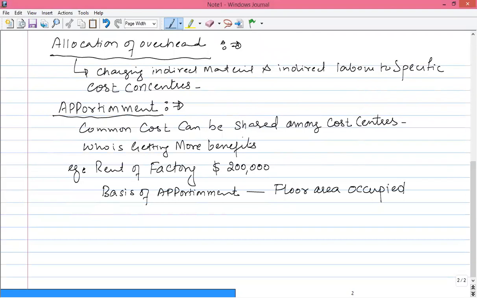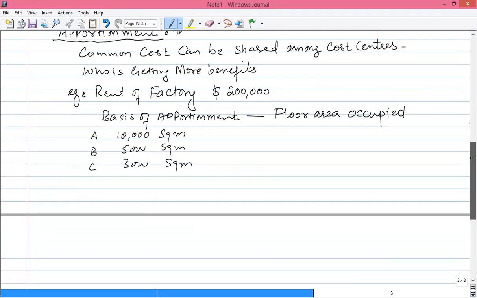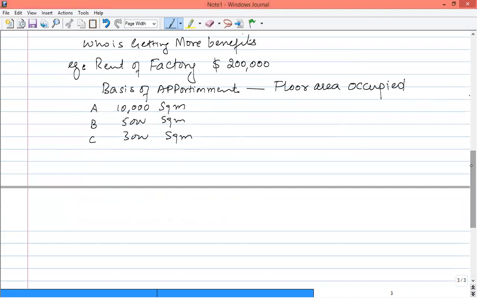Assuming the floor areas occupied by the cost centers are 10,000 square meters, 5,000 square meters, and 3,000 square meters. So we will be apportioning these 200,000 of overheads on the basis of the floor area occupied.